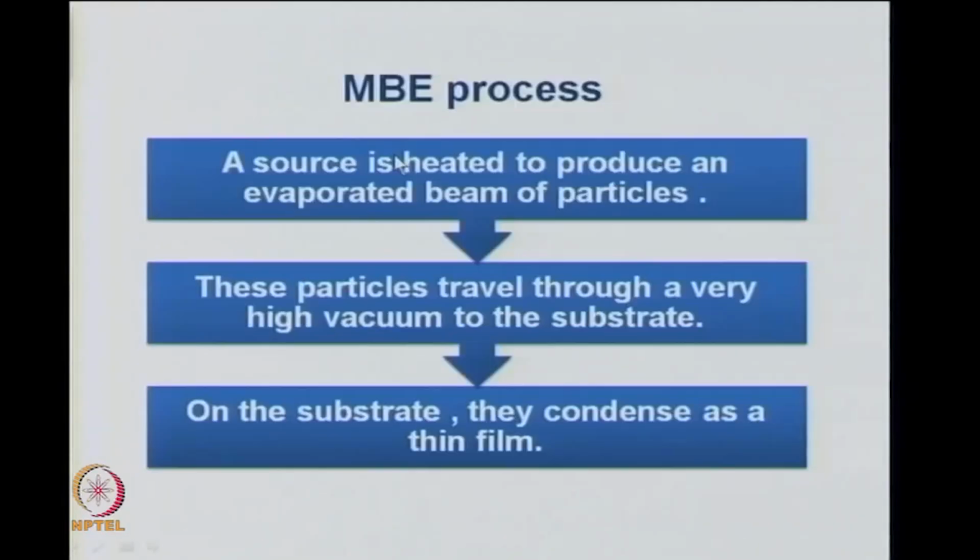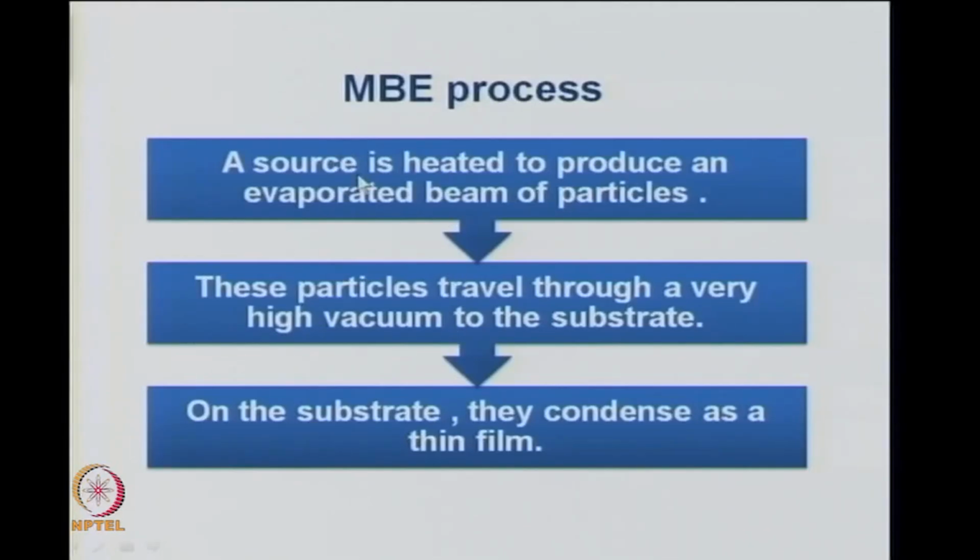So, in the MBE process, we have a source which is heated to produce an evaporated beam of particles, and these particles then travel through a very high vacuum to the substrate, and on the substrate they condense as a thin film. So, this is the typical MBE process.